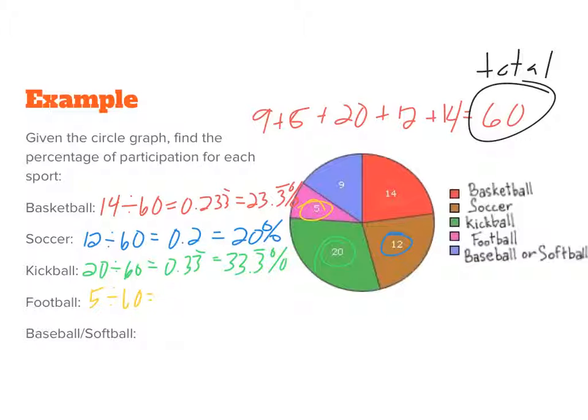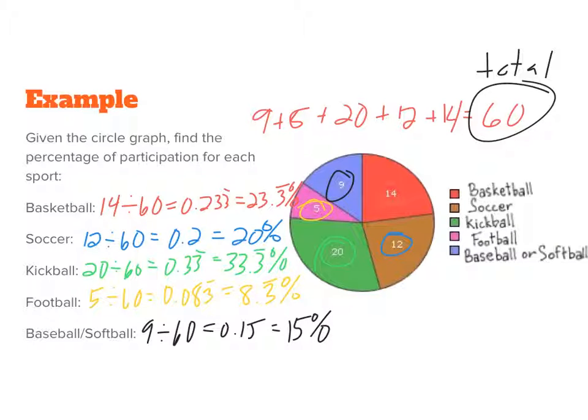If I do that, I get an answer of 0.083 repeating. If I turn that into a percent, move the decimal place over, I get 8.3 repeating percent. And finally, they put baseball and softball together, and there's 9 there. So I'm going to do 9 divided by 60, giving me 0.15. If I turn that into a percent, I get 15%.